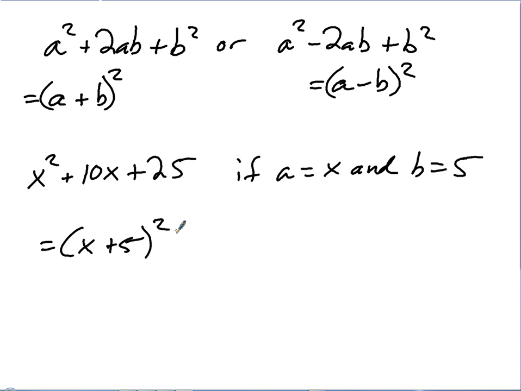But the reason I'm not so extremely concerned about that, honestly, is that you can just factor those normally, finding the magic numbers. It's for that reason I don't really care if you work too hard at memorizing these, because it's not that big a deal. What would the magic numbers be? Two numbers that multiply to 25 and add to 10? 5 and 5.